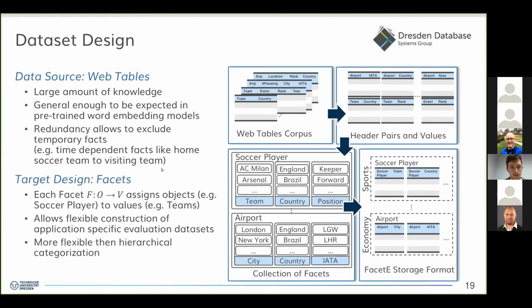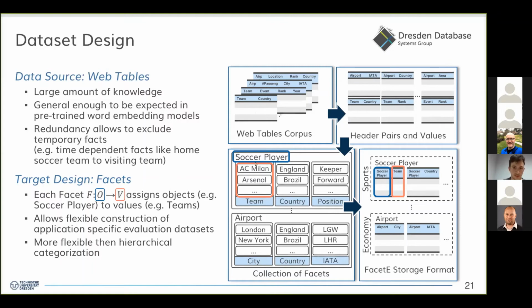We organize the extracted data in facets. That means we have an object set like soccer players, from which each term is assigned to exactly one value in a value set, like these teams here. And it is stored as a tuple of this object and value set in our data set.